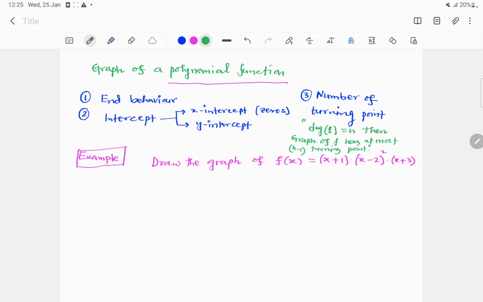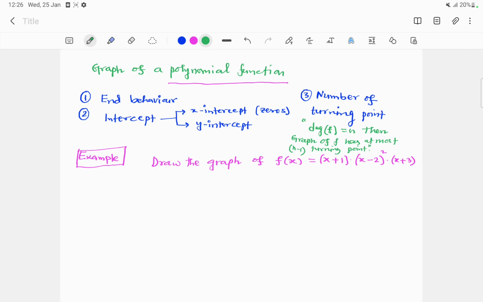This is very important. For example, if the degree is 3, then it can have at most 2 turning points. At most means it cannot have more than n minus 1 turning points. So let's see this example.